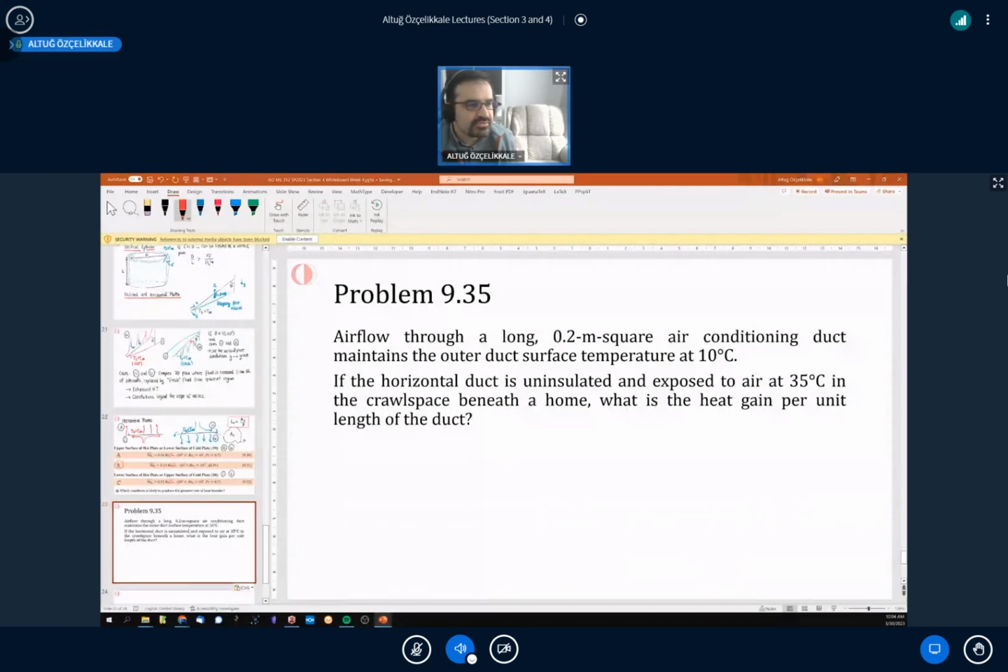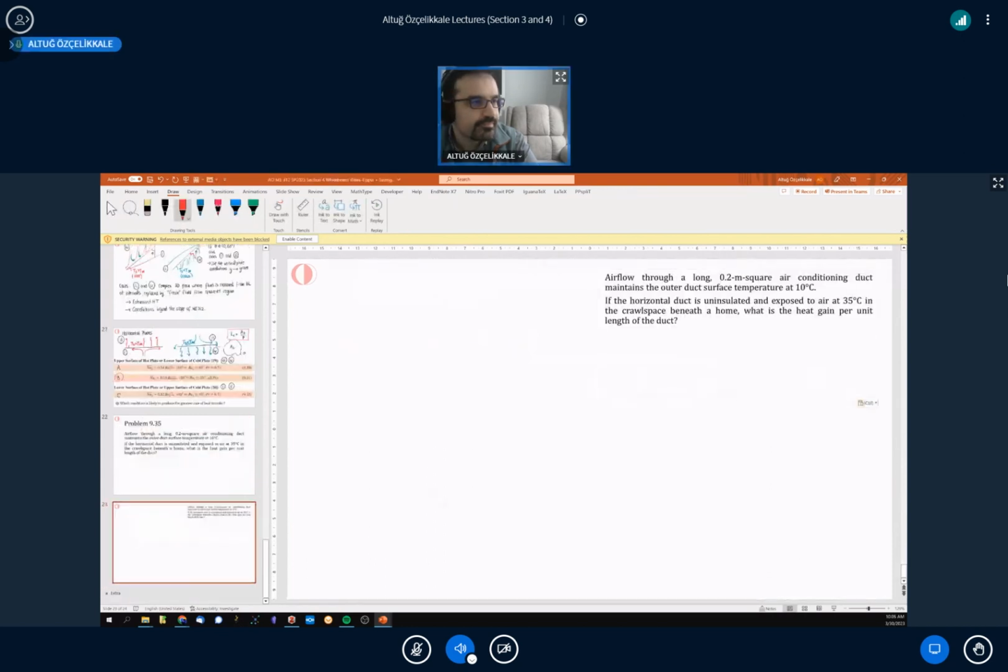So what's happening is that we have an air conditioning duct. Let me bring an inset of the problem. It's a square cross section. Also bring a square cross section. There you go.